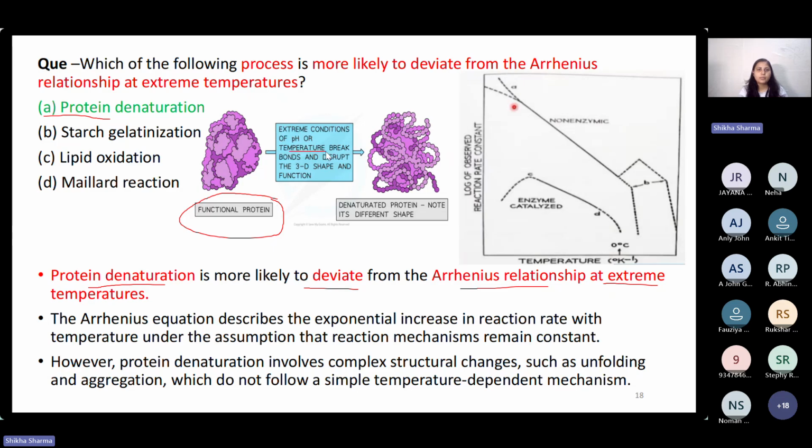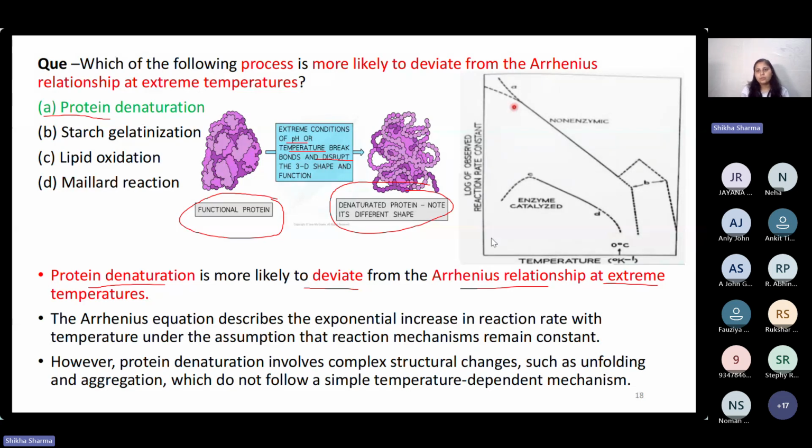When we deviate from the optimal pH or optimal temperature, the bonds will be disrupted and the protein will denature and lose its functionality.